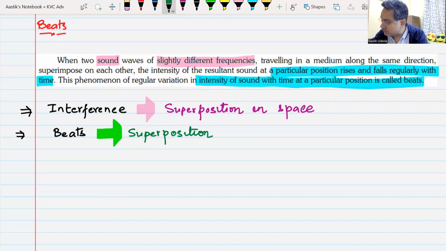You can call beats superposition in time, whereas interference is superposition in space. At the same position, you will have varying intensity. Sometimes you may get maxima, sometimes minima. This phenomenon is known as beats. I'll give you 2 minutes to note this down.